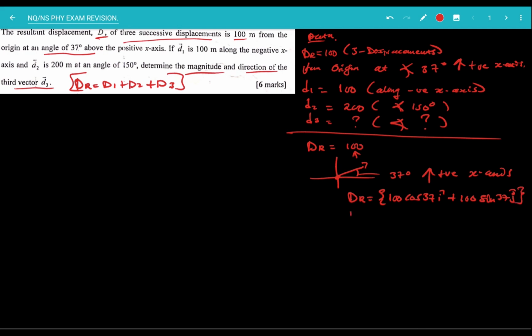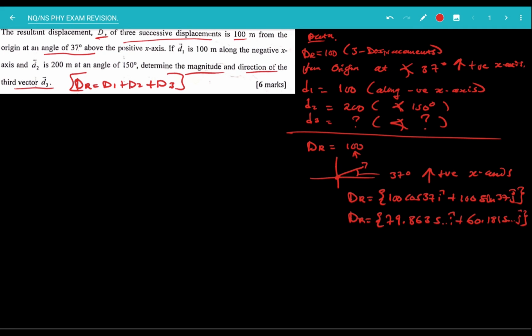If we punch that on our calculators, we'll get 79.8635 something in the i, plus 100 times sine 37, which gives us 60.1815, and it keeps on going, in the j.